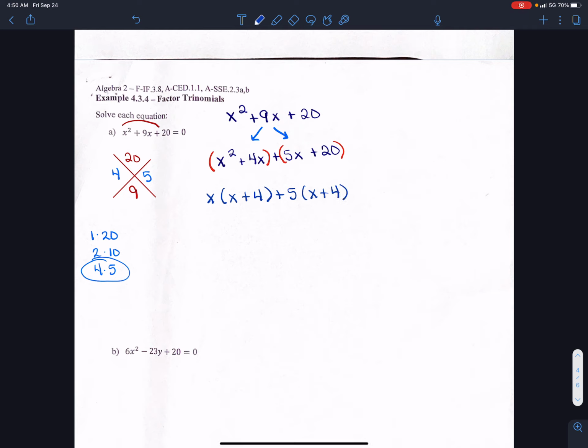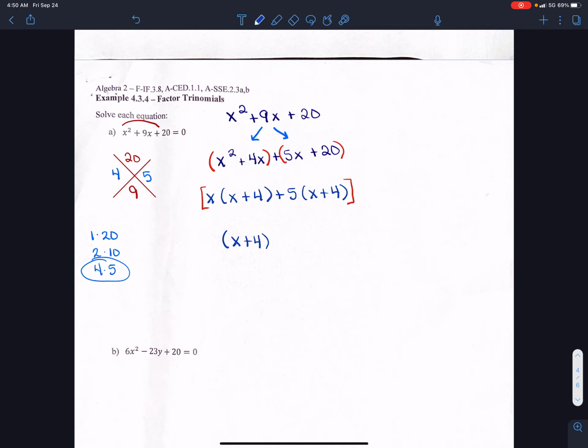Okay. So if you look at this, what we're seeing now is that these two terms, so here's my first term, here's my second term, they both have x plus 4 in them. So we are going to factor out or divide out. Imagine this is like another set of parentheses. We are going to factor out x plus 4, what they both have in common.